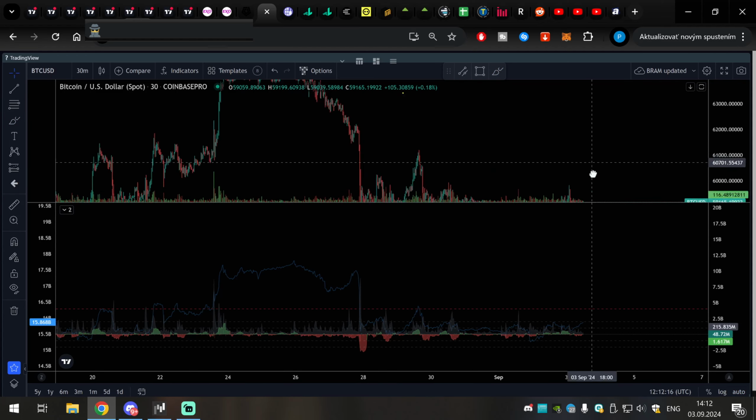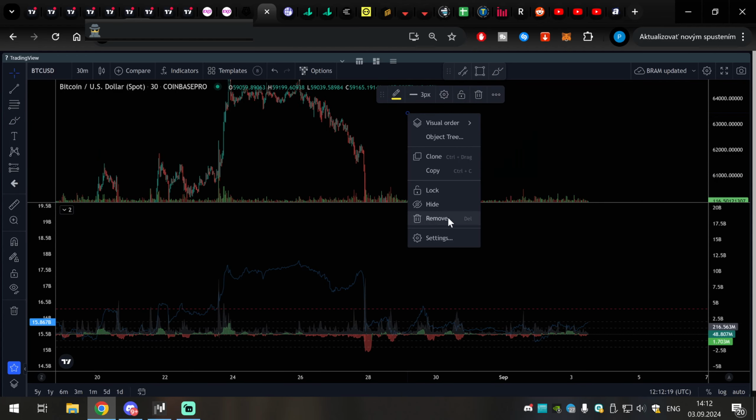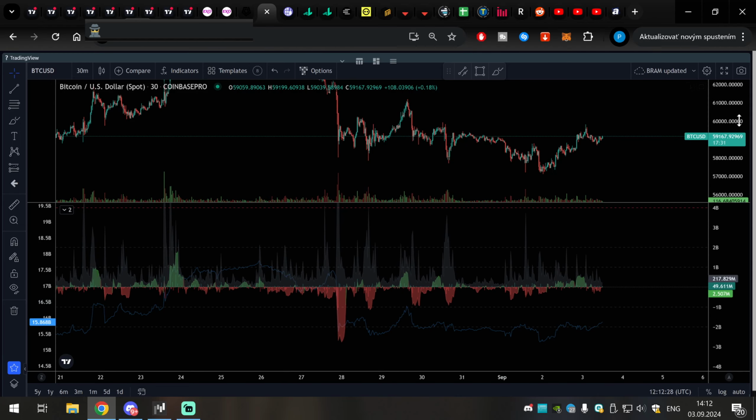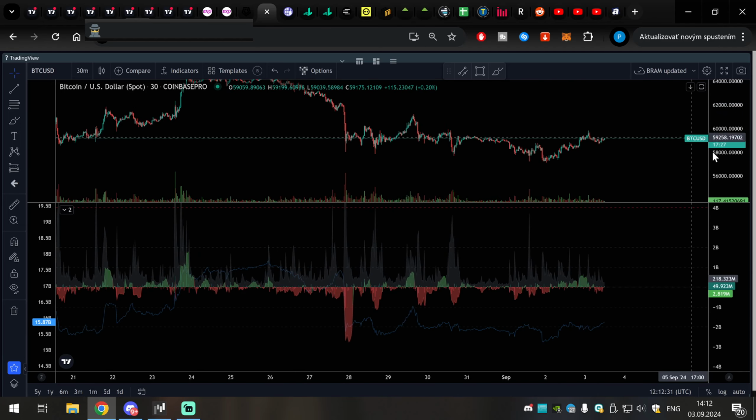Aggregated delta, so we can see what is the fuel in the system. So the current fuel in the system: recently we already did symmetry here, so people shorting, look at that, shorting over here.